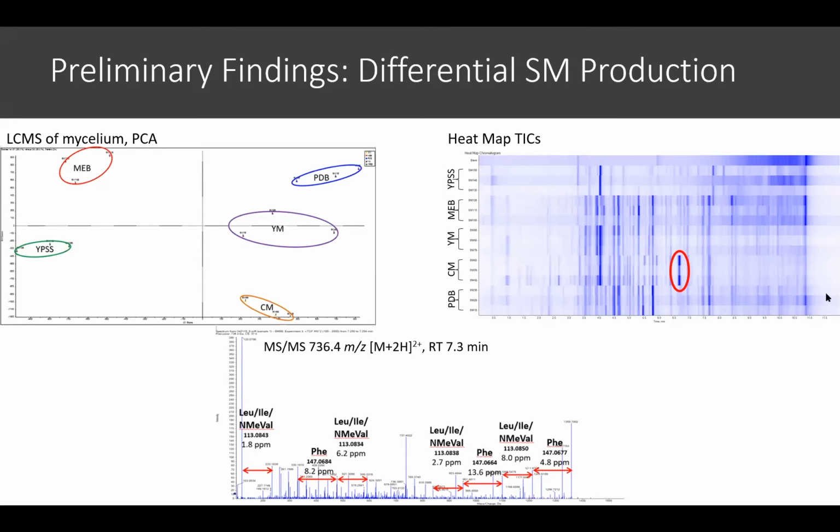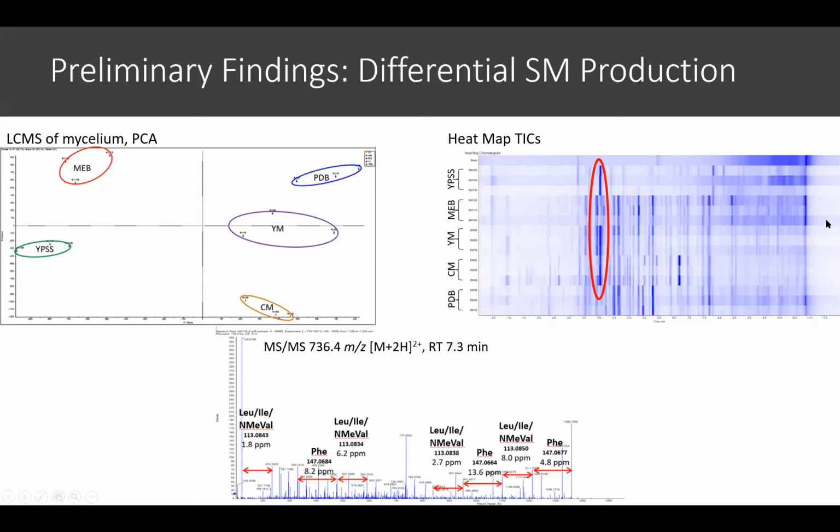And then we have bands here which show that we have compounds that are produced in 3 out of the 5 different media that we're looking at. So we have compounds that are produced by just one media or are sometimes present in more than one, but there is this differential production based on the media type.